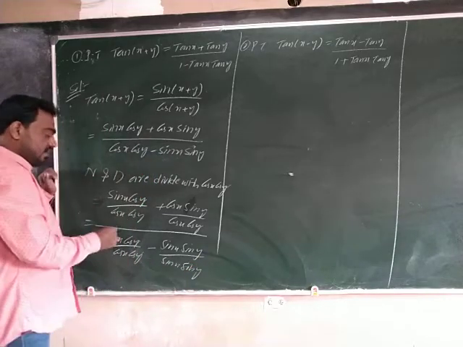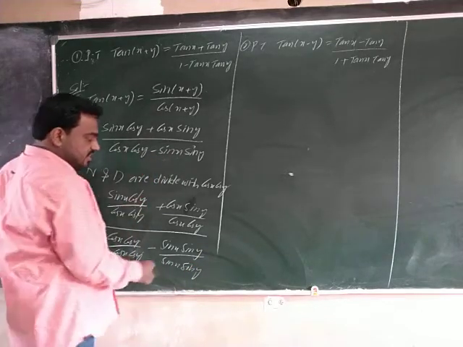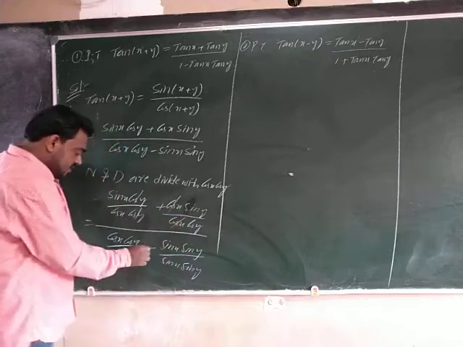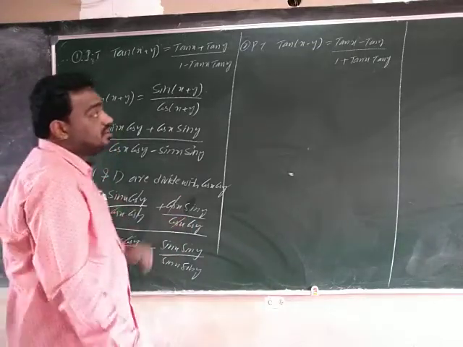So here you see cos y gets cancelled, here cos x gets cancelled, and here the total term gets cancelled.